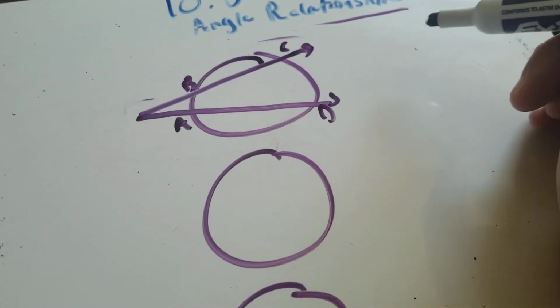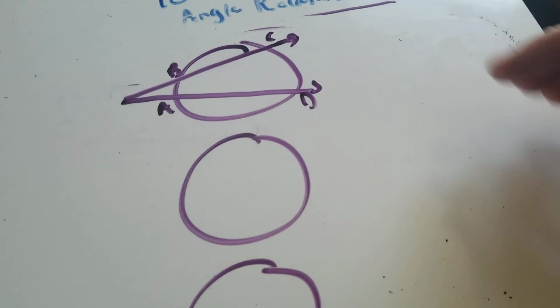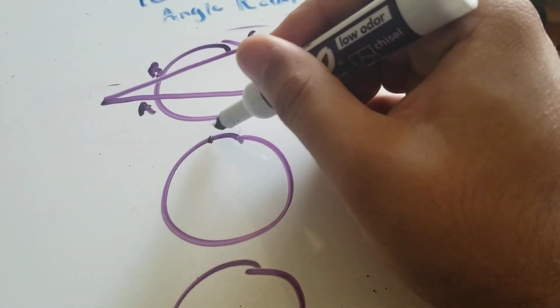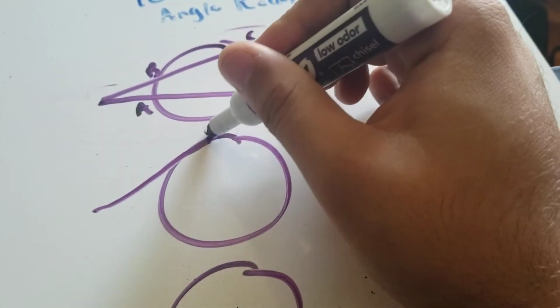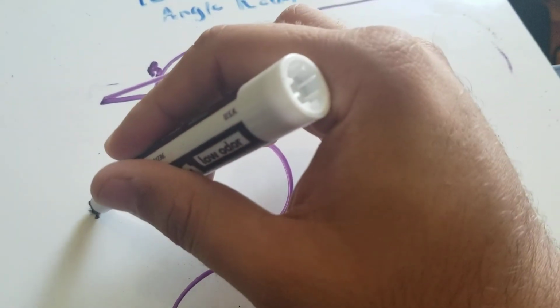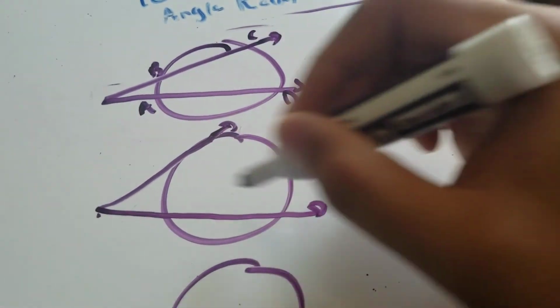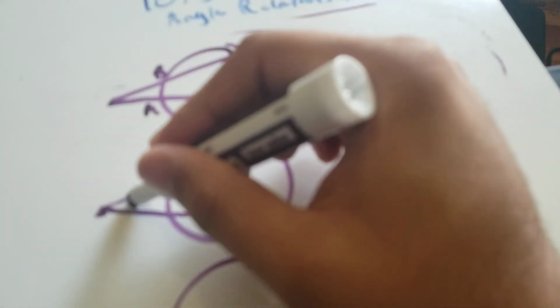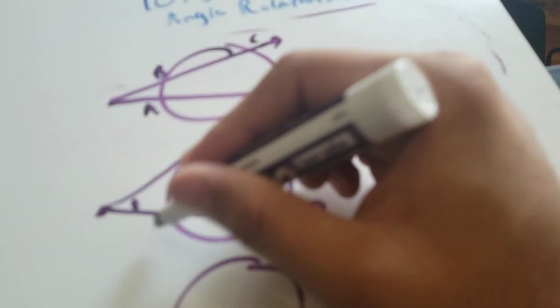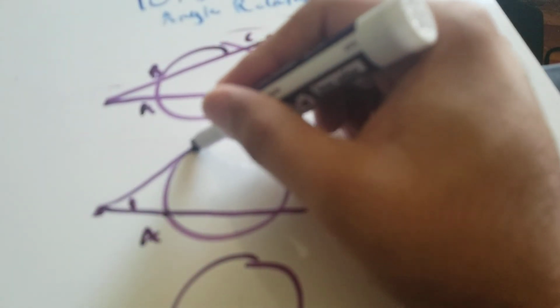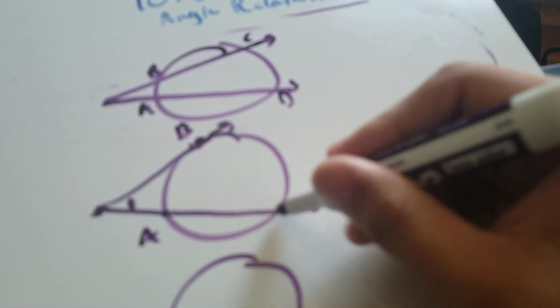We could have one that has a tangent and a secant. A tangent, remember, is a line that only hits the circle once, and the secant hits it twice. Something like this. This is angle 1. Let's call this A. Let's call the point of tangency B. Let's call this point C.